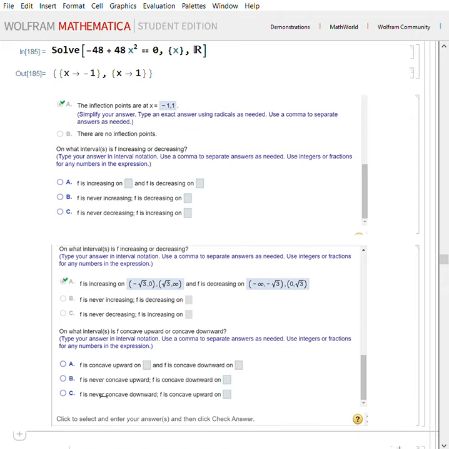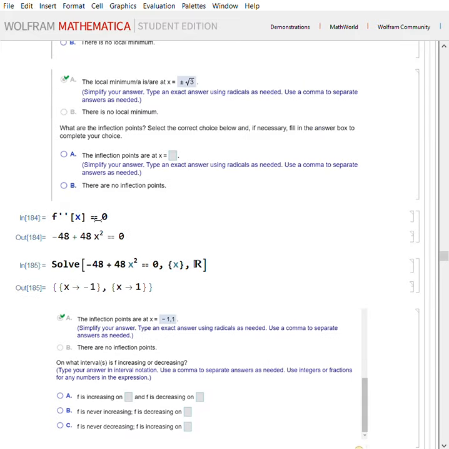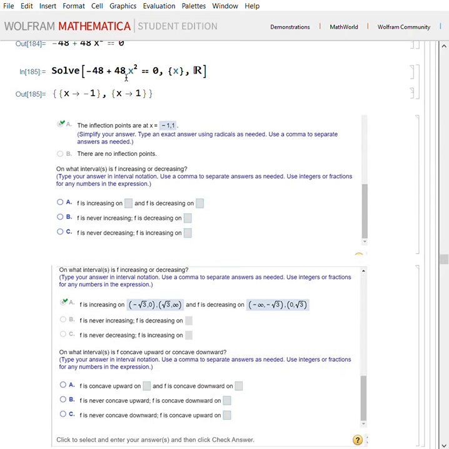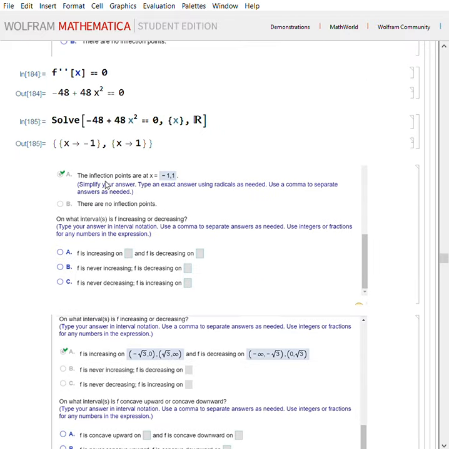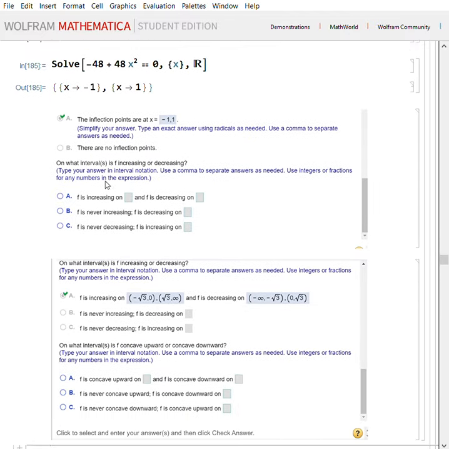Now they want concavity, which has to do with the inflection point, which has to do with the f second prime of x. So since our inflection points are at -1 and 1, we're going to try points before -1, between -1 and 1, and after 1.